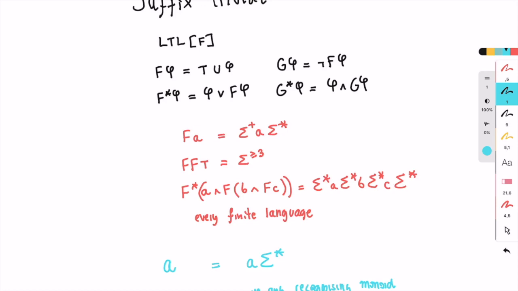So such a recognizing monoid cannot be suffix trivial. But that's, roughly speaking, the only problem that can appear with this logic. Once the formula leaves the first position, then it becomes suffix trivial.